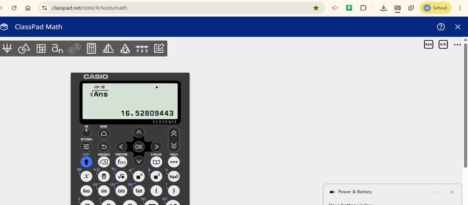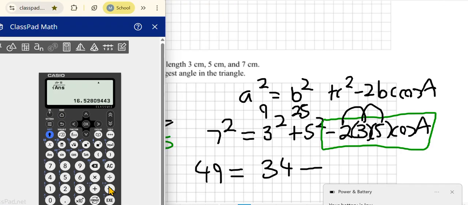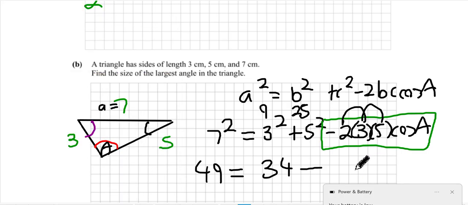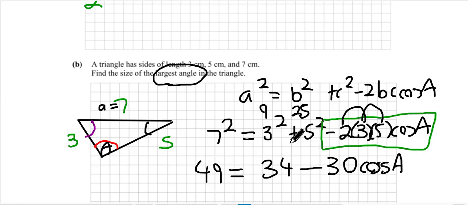Yeah, you're right. It's minus 30. Minus 2, bracket 3, bracket 5. And it is minus 30. Now we're very close. Is this an angle question? Yes or no? How do I know it's an angle question? Looking for the largest angle.